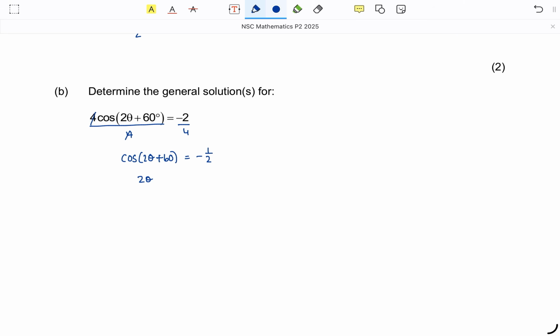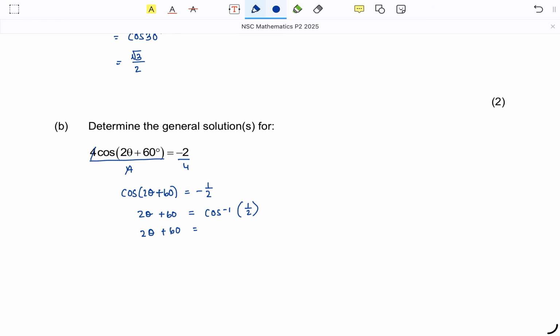The next thing that I would do is I would take the cos to the other side or divide it away by using second function. And then I would use that in my calculator, or I can just check cos of a half.